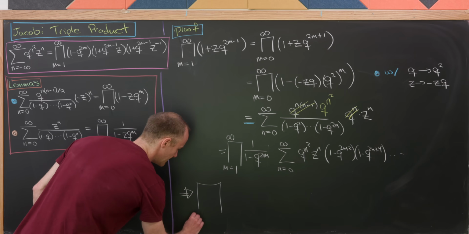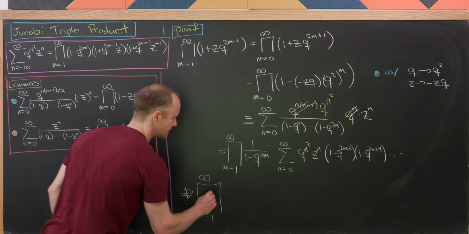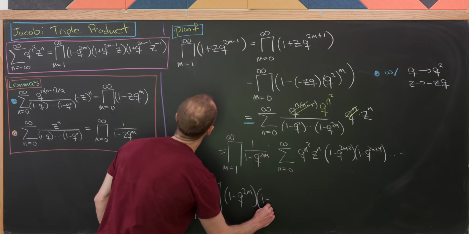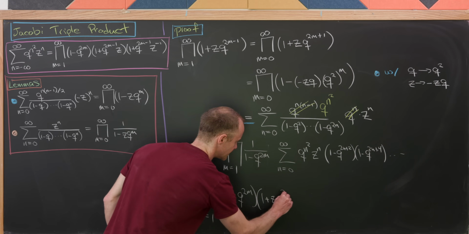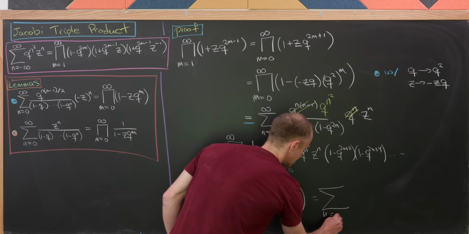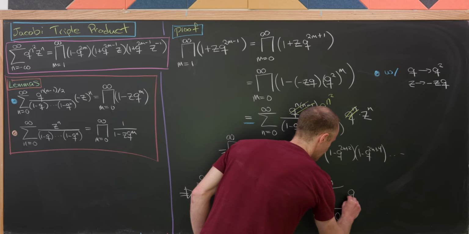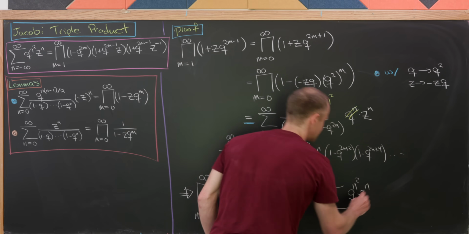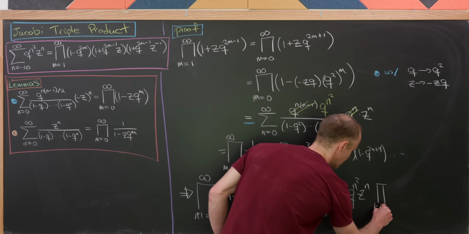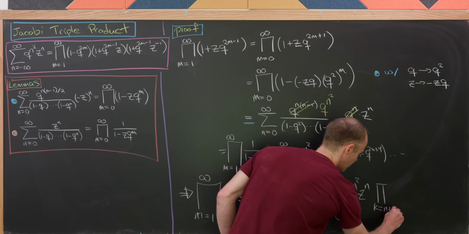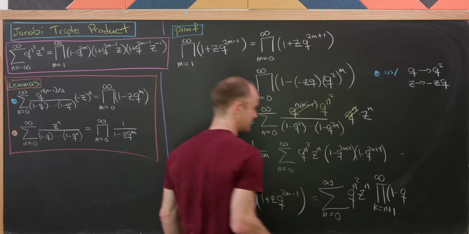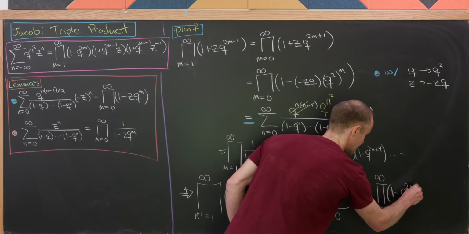So now we have the product as m goes from 1 to infinity of 1 minus q to the 2m times 1 plus z times q to the 2m minus 1 is equal to this sum as n goes from 0 to infinity of q to the n squared times z to the n, and then times the product as, well, let's see what it's going to be. k is going to go from n plus 1 up to infinity of 1 minus q to the 2k.